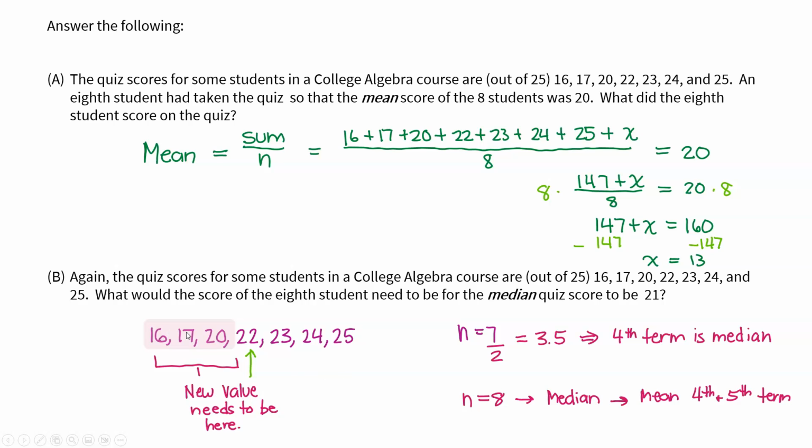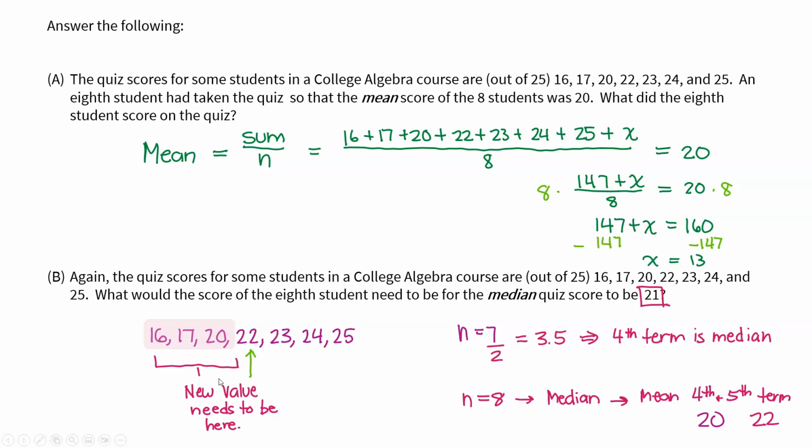So this is going to be the new 5th term. You want the new 4th term to be 20 because you want this to average to 21. So you want the 5th term to be the 22, and you want the 4th term to be 20.